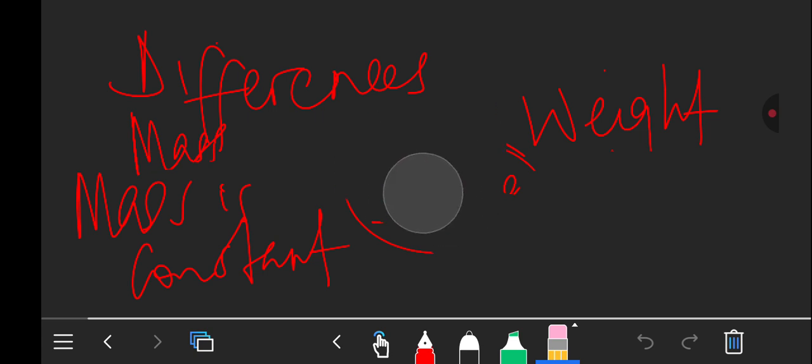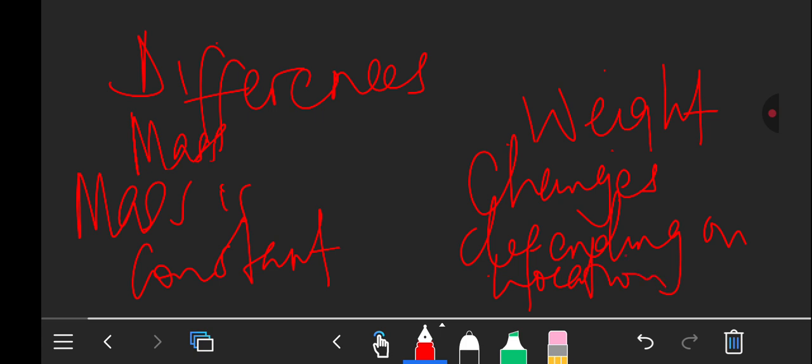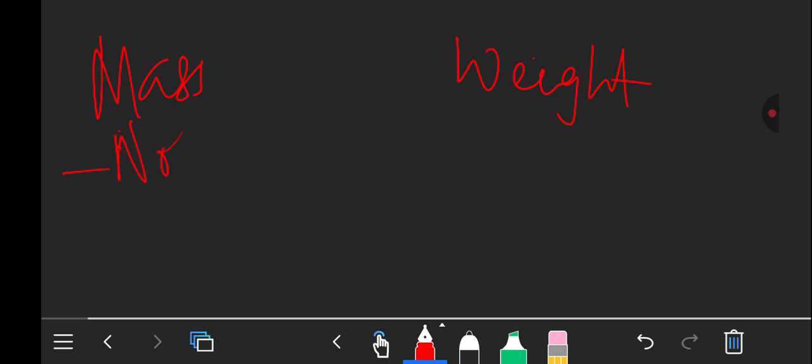Then let's look at weight. Weight, we're going to say, changes depending on location. So that's another difference between mass and weight.